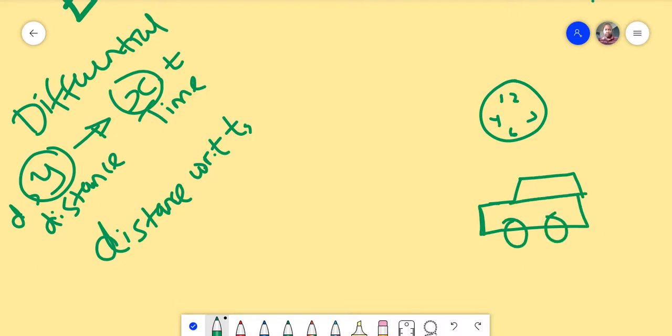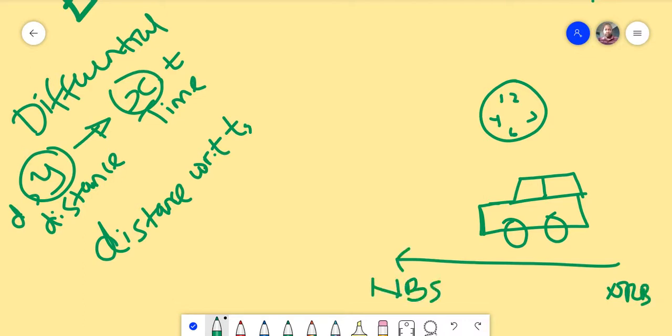I'm not good at drawing, so I'll just have this. Assuming you're traveling in a vehicle, whether you're driving or being driven, let's say you're traveling from Nairobi to Mombasa, which is approximately 500 kilometers.